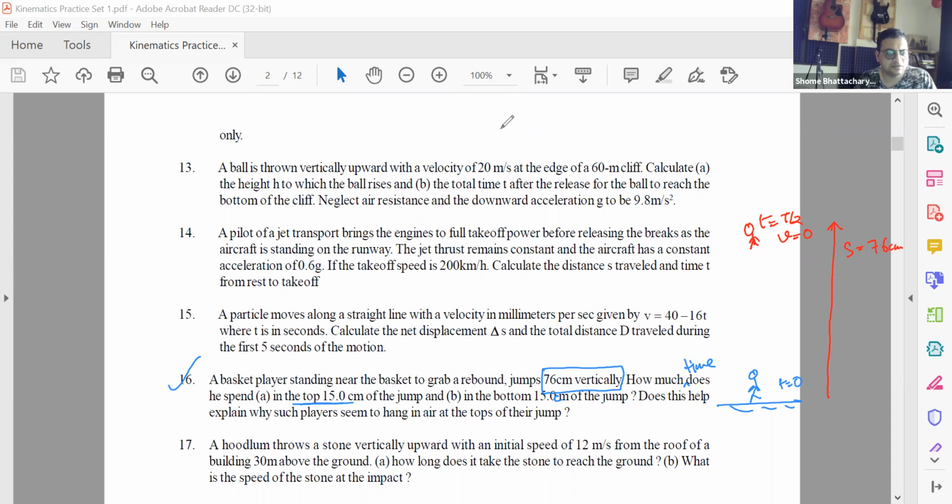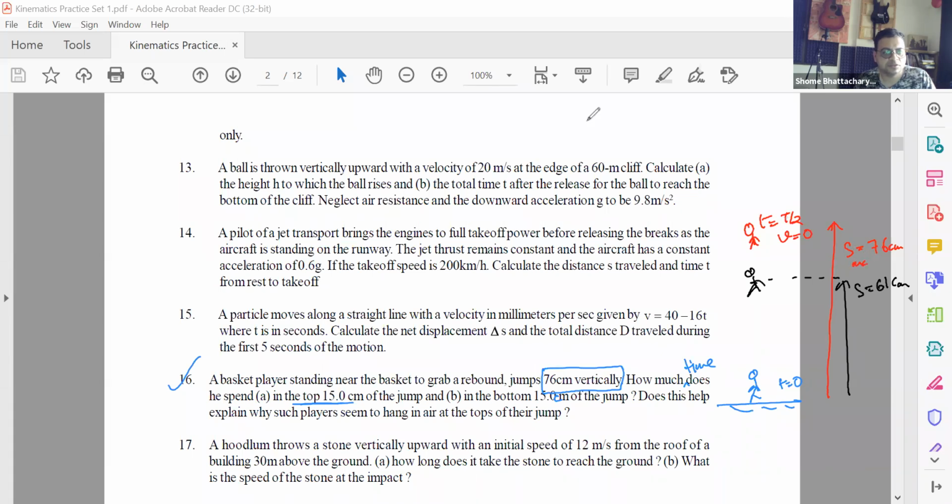Now, in between, suppose this is where the displacement is 76 minus 15, so it is 61 centimeters. This is the maximum displacement.